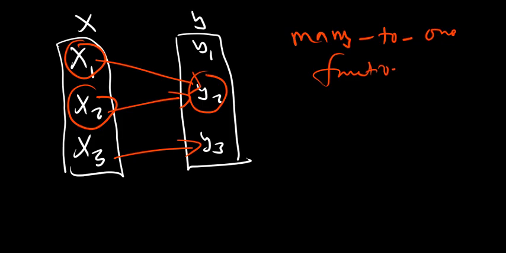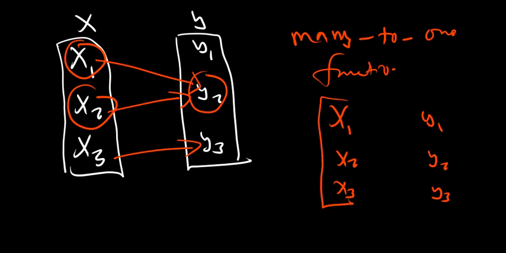Okay? Then there's also what we call one to many. One to many is basically not a function, because one to many is like you have this. Okay, one to many is like we have this.